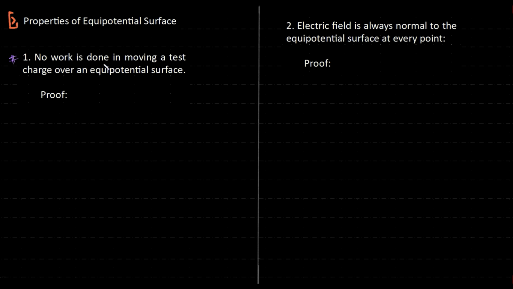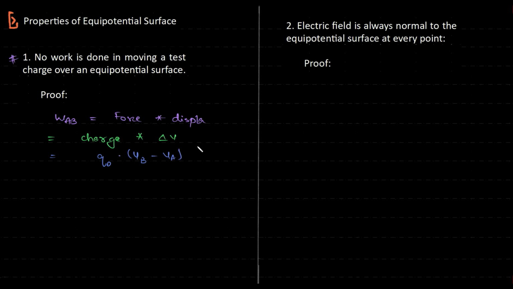So no work is to be done in moving a test charge over an equipotential surface. Let's prove that. Quite a simple proof. We know that the work we need to do, we can write as force times displacement, or we can write this as charge times potential difference. So this is nothing but Q naught times (VB minus VA). Agree?